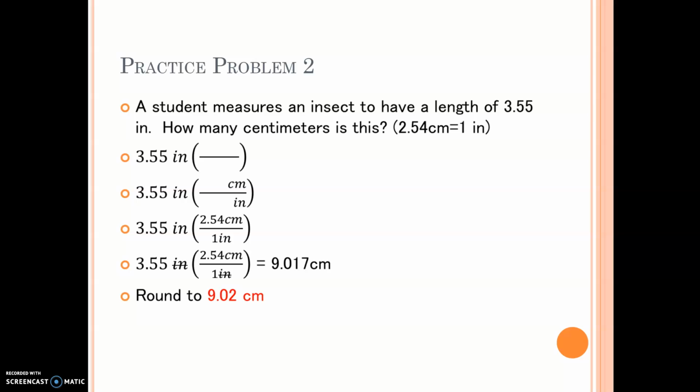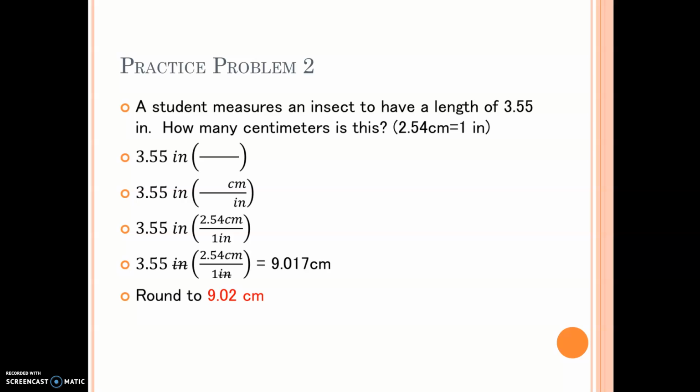The last step is to solve this. So we have 3.55 times 2.54. Remember, the numerator is going to multiply with the numerator and then be divided by the denominator. So once they are multiplied together, we divide the product by 1 and we get the product itself. Also, do not forget to cancel out the units, right? So we want to get rid of the inches and we want to have centimeters left.